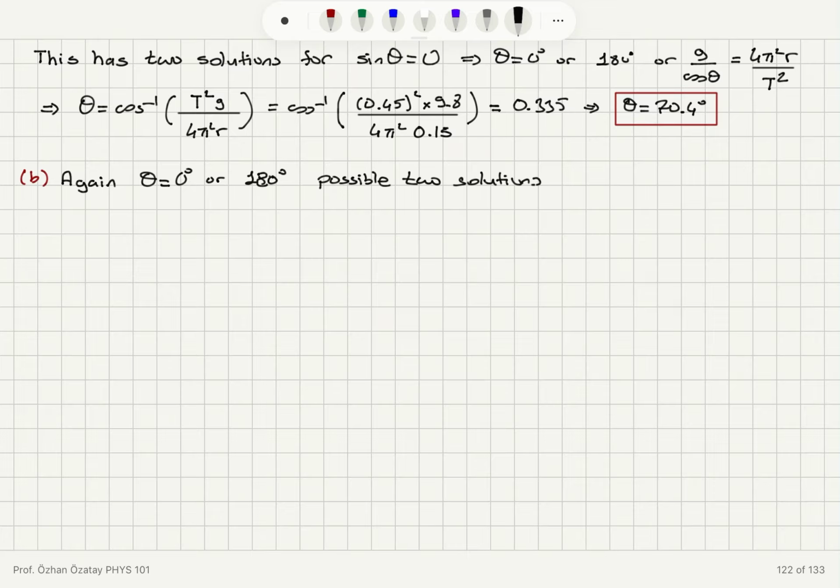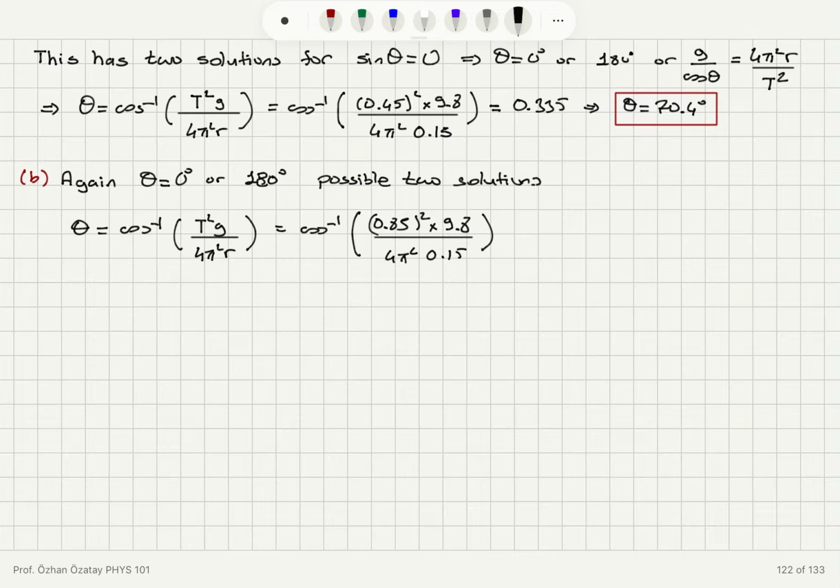And then the one in parentheses would give us theta is equal to cosine inverse of t squared g divided by 4 pi squared r. And now we have the period different: 0.85 squared times 9.8 meters per second squared divided by 4 pi squared times 0.15 meters.